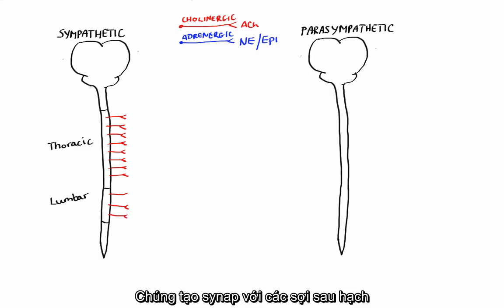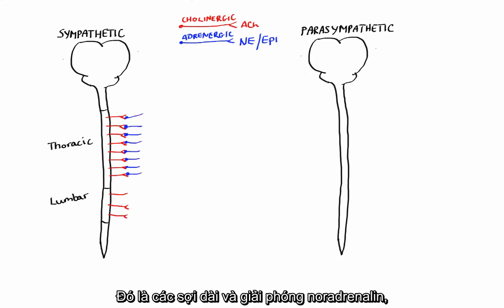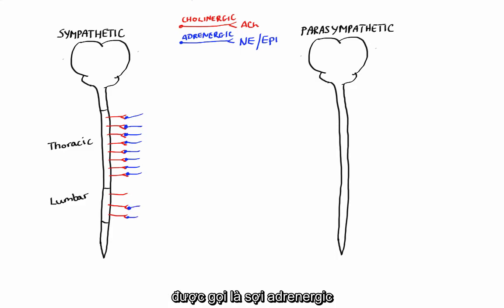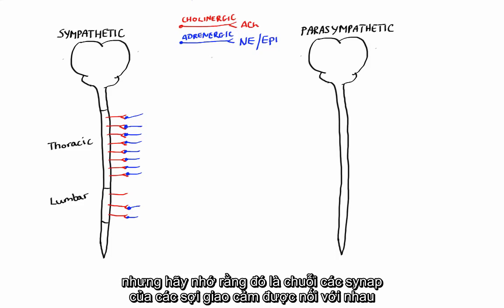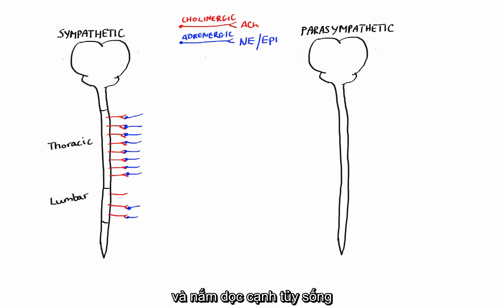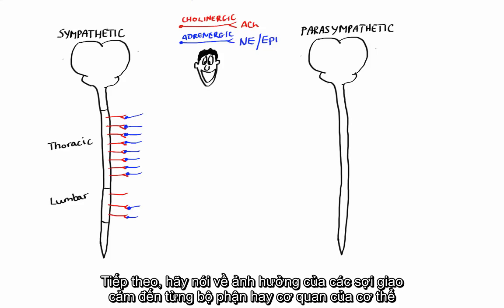And they synapse with postganglionic neurons, which are long and release norepinephrine, so they are the adrenergic neurons. And for simplicity and to conserve some space, I'm going to skip drawing sympathetic ganglion, but just keep in mind that there's this chain of synaptic connections of sympathetic neurons that lies alongside the spinal cord. So now let's talk about how sympathetic neurons affect each part or organ of our bodies.